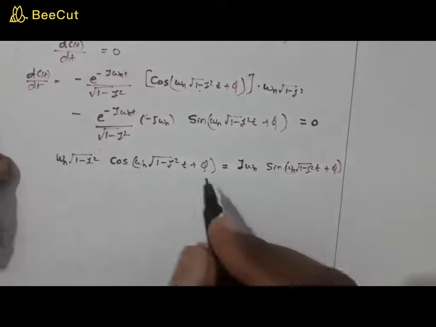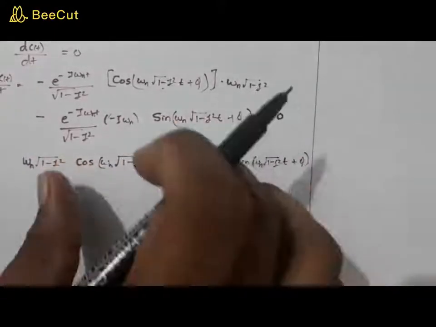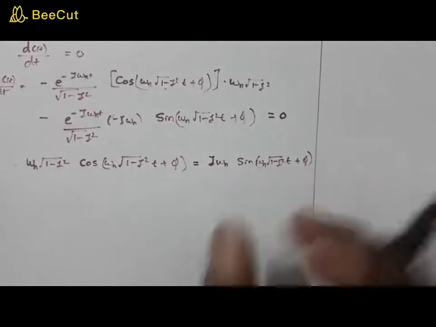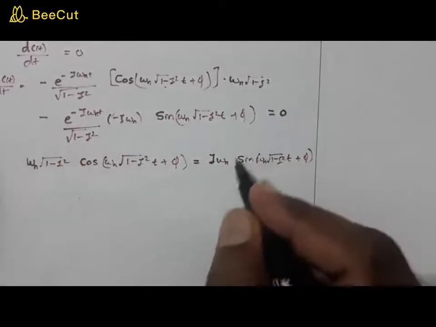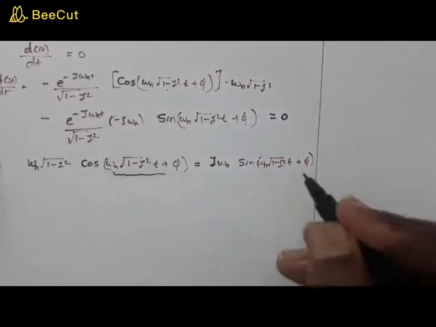You may just do it by yourself. You can bring this to the denominator side, so that you get sine divided by cos, that is tan.